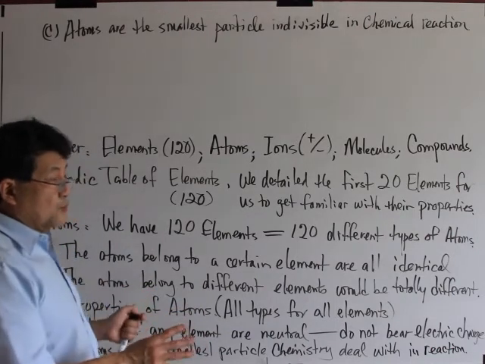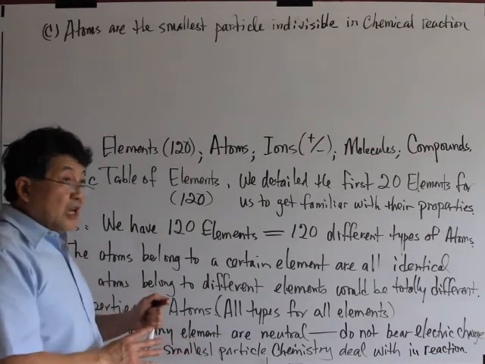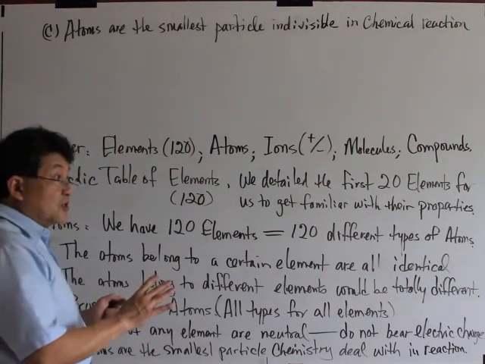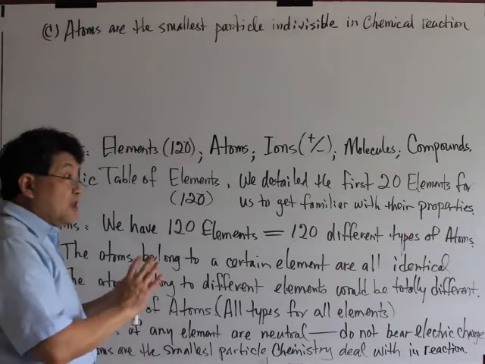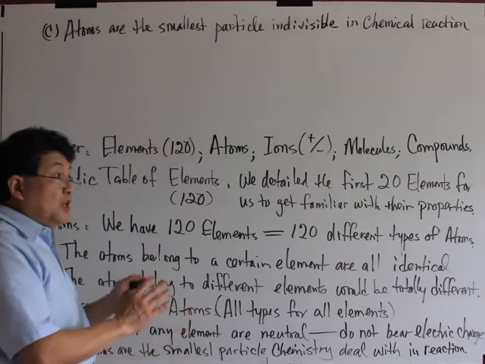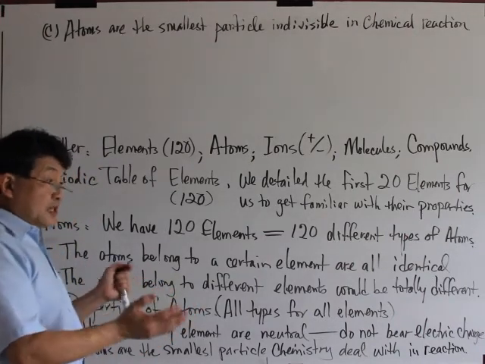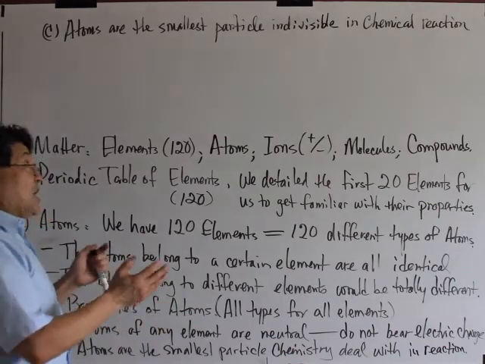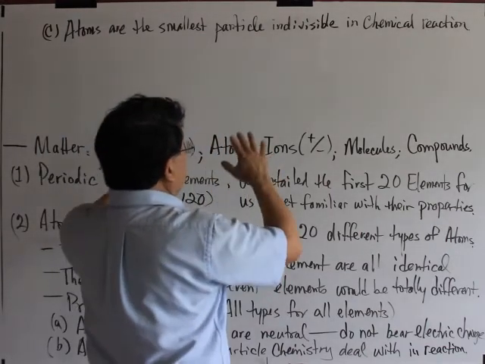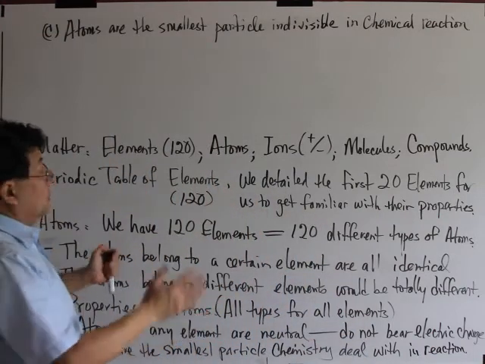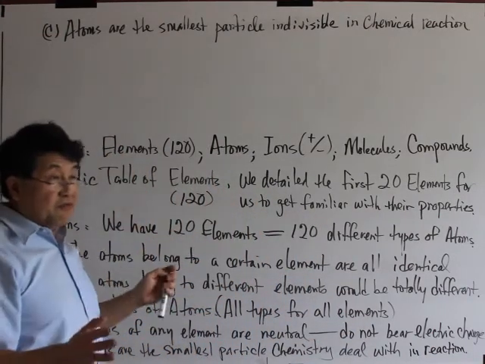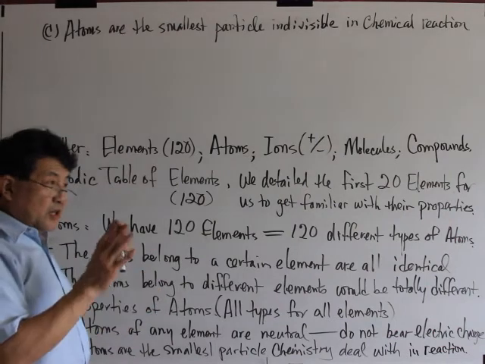Actually, in the redox reaction, electrons change hands between the reactants and the products. The electron is a subatomic particle. Actually, this definition was set up a long time ago, not necessarily 100% correct, but we're getting there. We're going to specify and emphasize when the time comes, right?